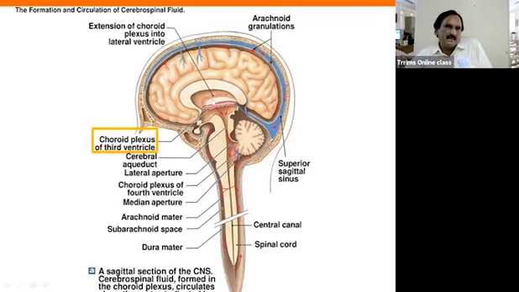And as I was telling you about the lateral ventricles, there are spaces within the brain substance of the right cerebral hemisphere and left cerebral hemisphere. Those are the lateral ventricles. Lateral ventricles have a rich blood supply, namely the choroid plexus, and there the cerebrospinal fluid is formed.